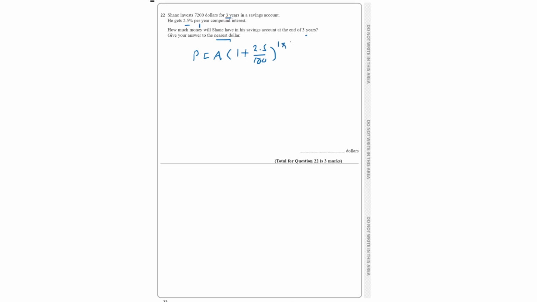So this is 3. We can then simplify this further to p is equal to, so the initial amount is 7,200 into 2.5 over 100 is 0.025, and we add 1, so that's 1.025, and 1 times 3 is simply 3. Now we can put this into a calculator and find our answer.